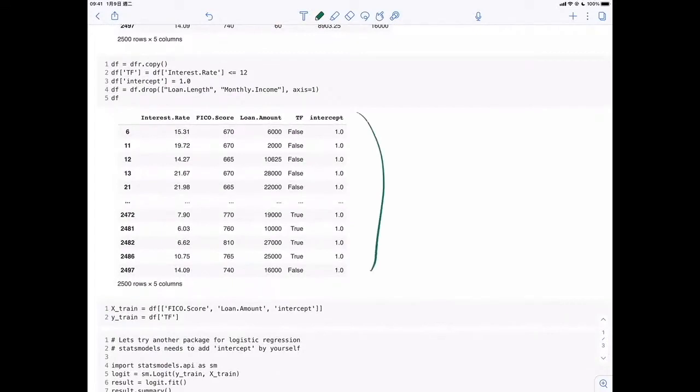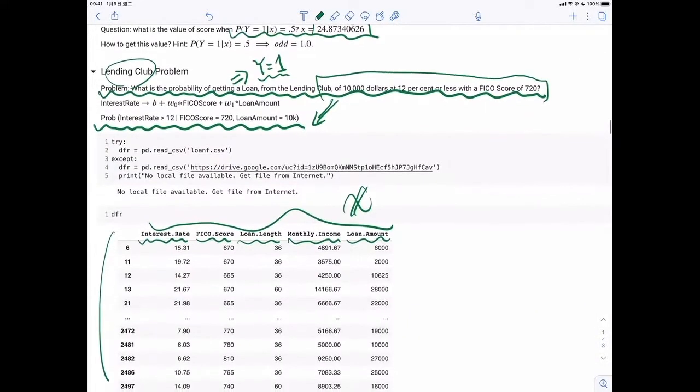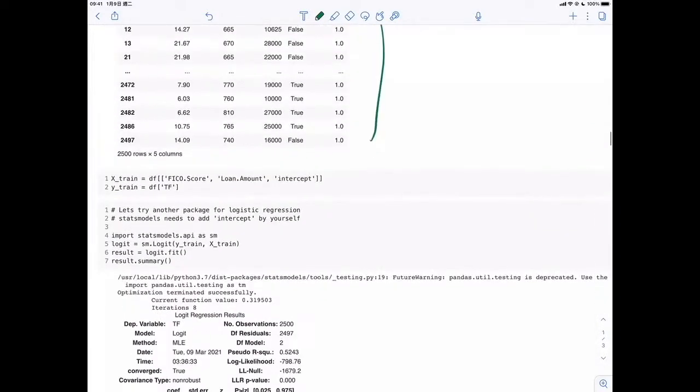First you have to filter all the information from the original data. You have to select the rows where the interest rate is less than 12, the FICO score is 720 and the loan amount is 10K.